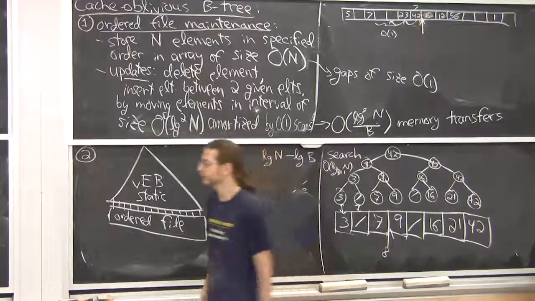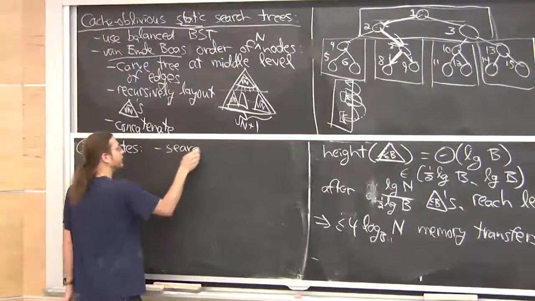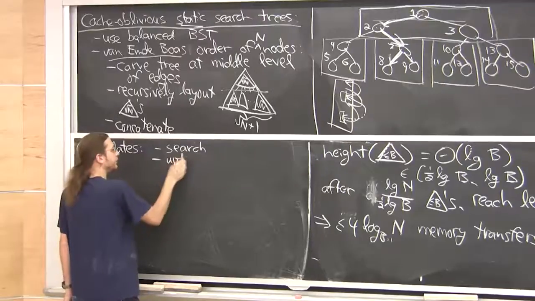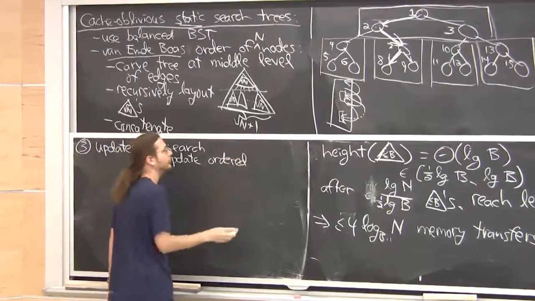And the key thing I want to specify is an update does a search. Then it updates the ordered file. That's going to take log squared n over b.